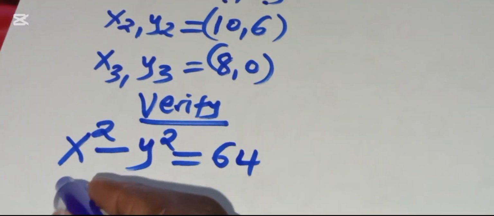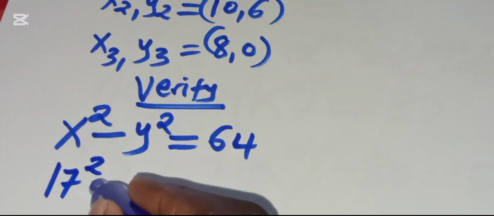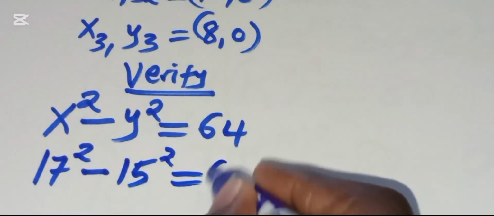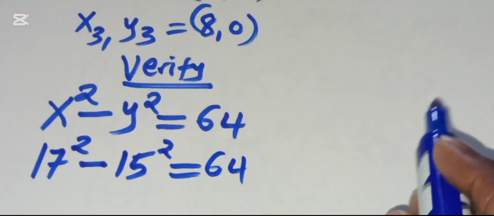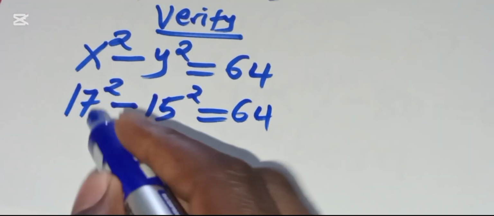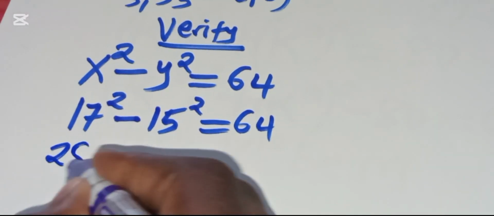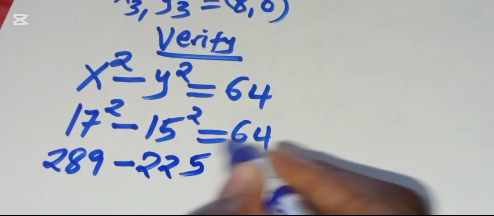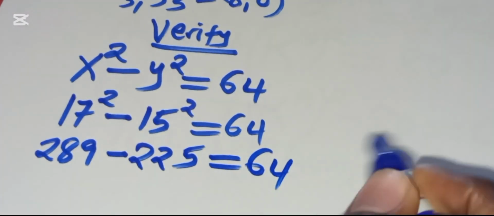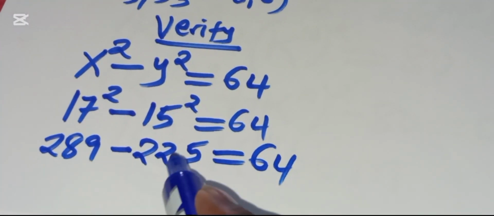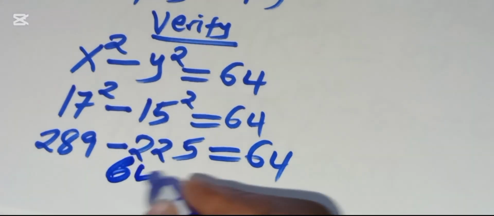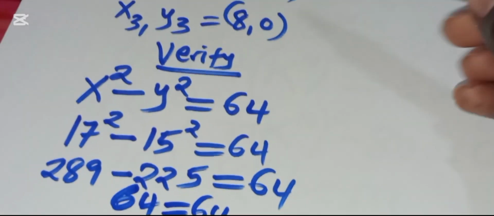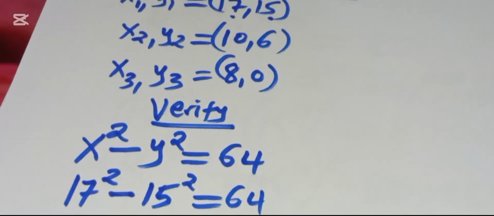We have 17 squared subtract 15 squared, which is supposed to give us 64. Now 17 squared is equal to 289, subtract 15 squared, which is equal to 225, and this is equal to 64. So it's true that 289 subtract 225 is equal to 64.